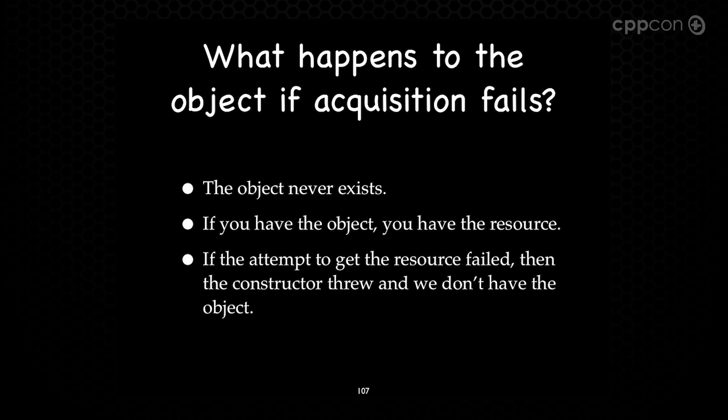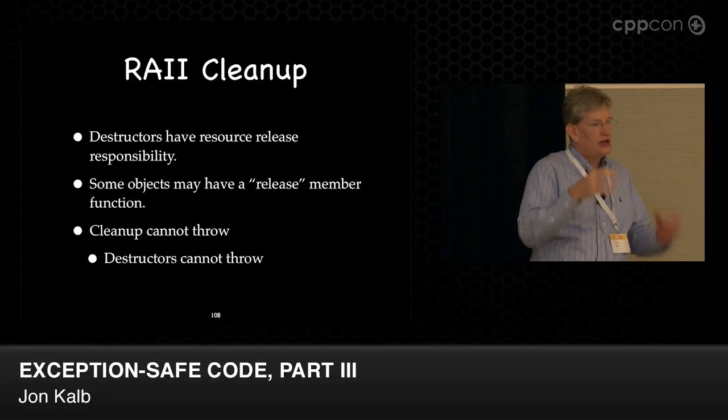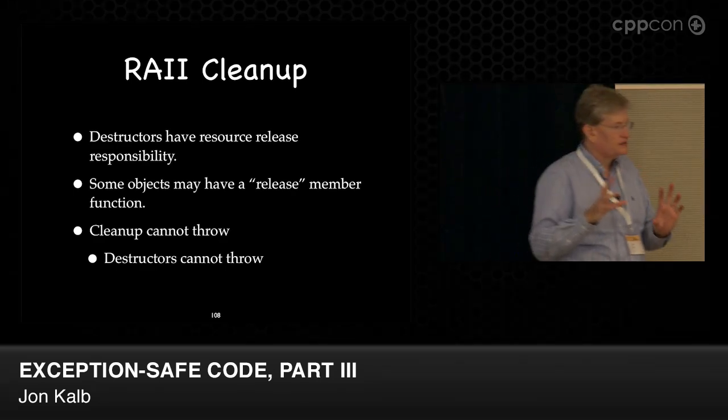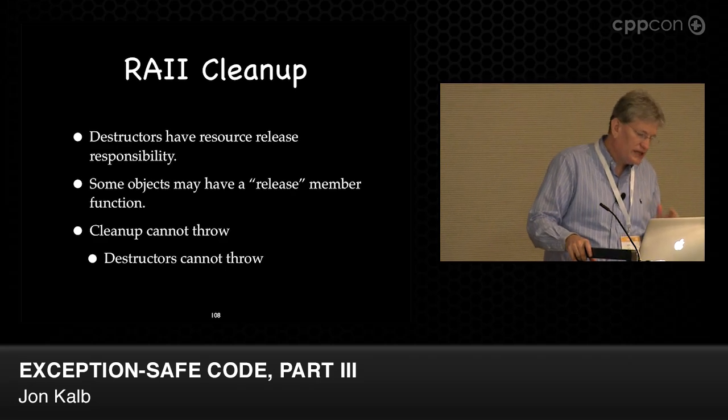So what we've actually done here is we have mapped an object's acquisition into the existence of an object. Resource acquisition into the existence of an object. If the object exists, we got the resource. If we didn't get the resource, the object doesn't exist. So what is an RAII?